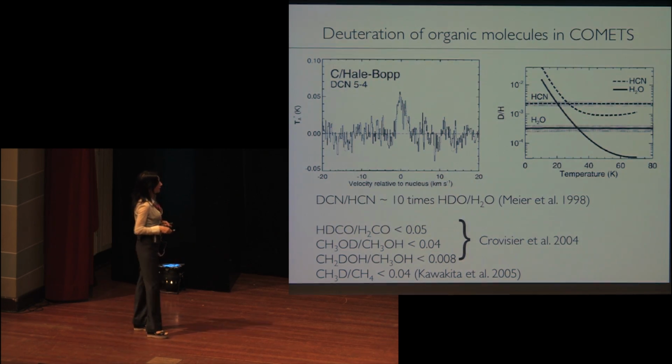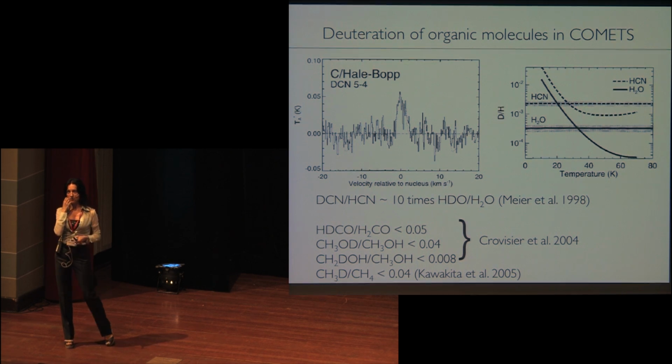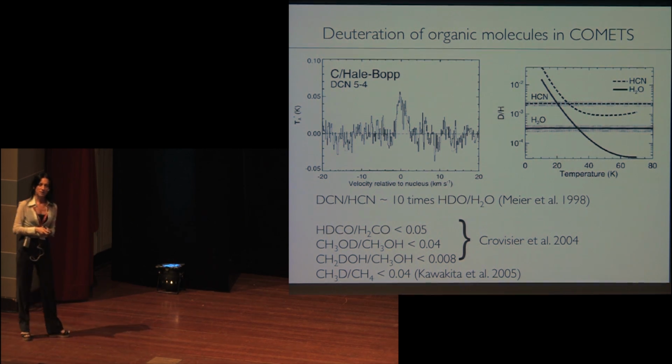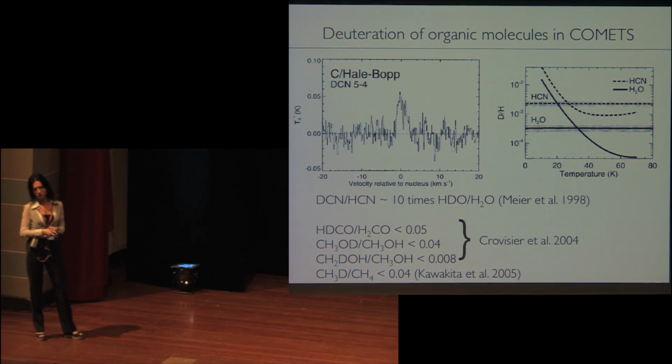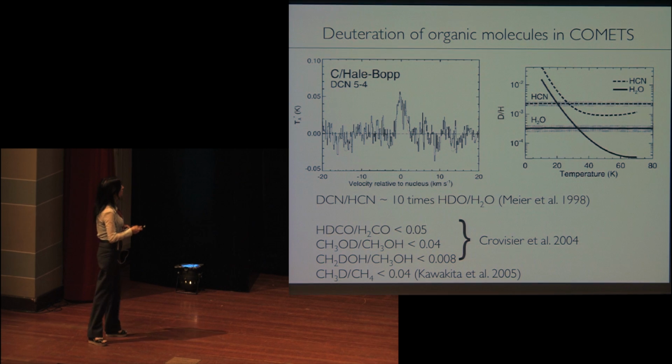Okay, one more thing that I wanted to point out, and this is important, as we will see, to unroll the thread: it's important to remember that this D over H ratio looks not so high compared to what we see in star-forming regions.